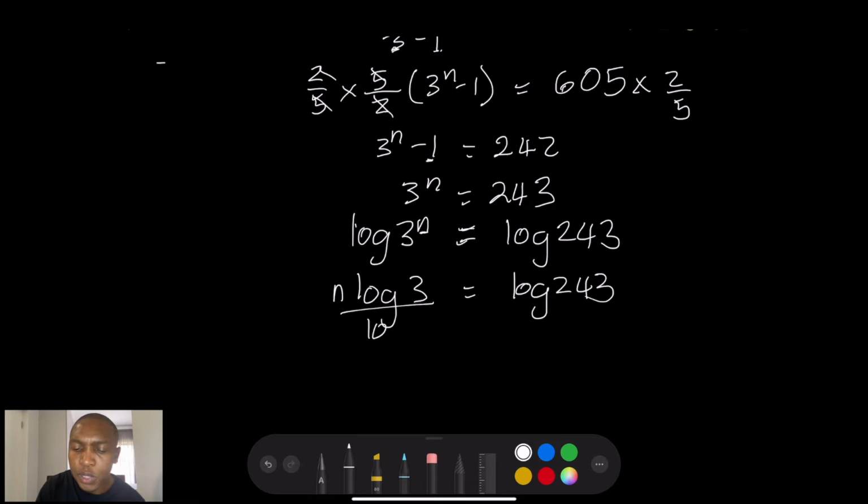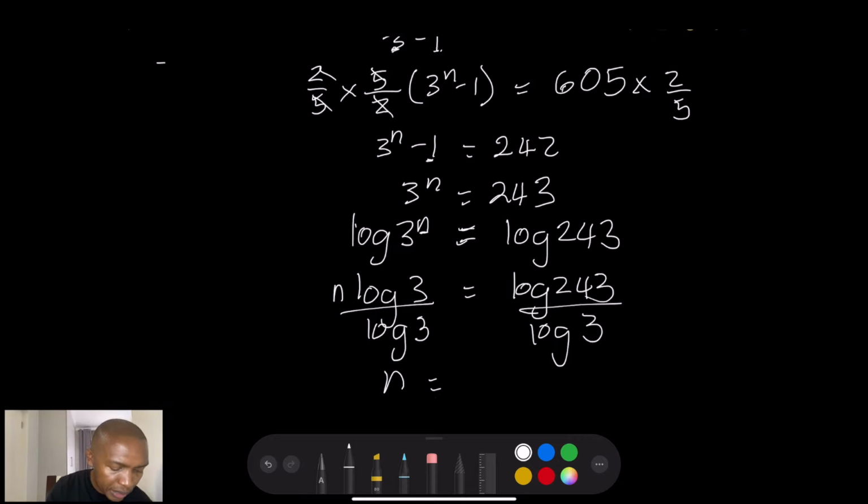You can divide both sides by log 3. So our value for n is log of 243 divided by log of 3, and my answer is 5.